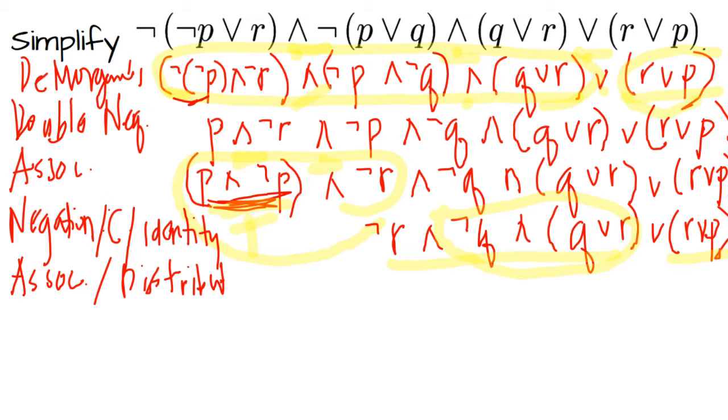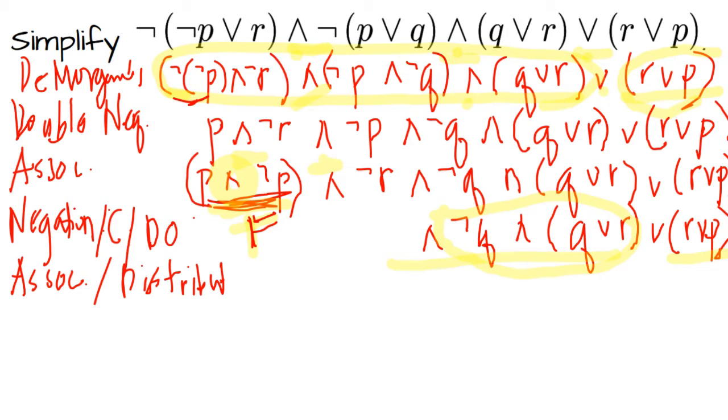I forgot. This one should be false, because this is an AND statement. So this will be a bit simpler, because this will no longer be an identity. This will be a domination.